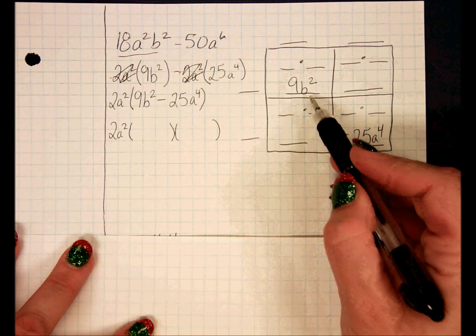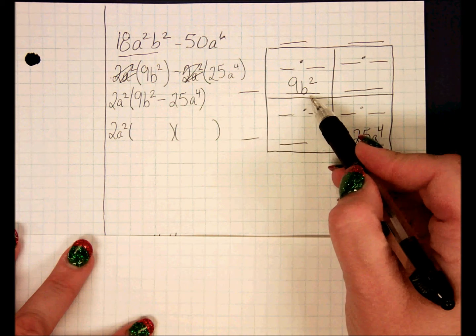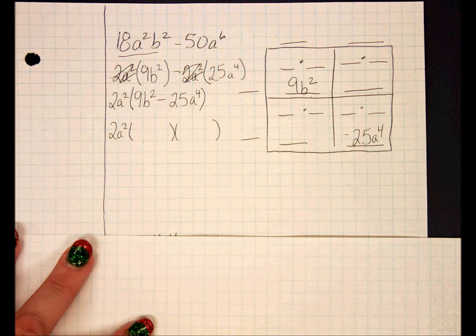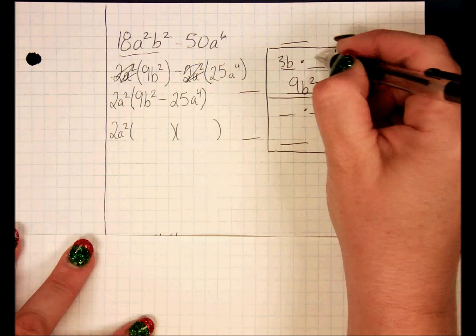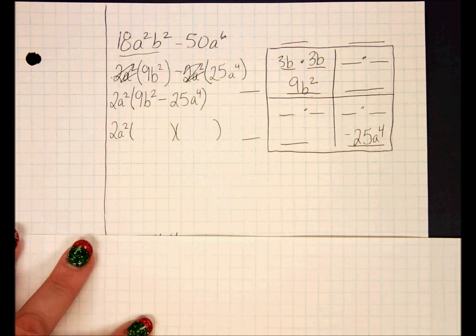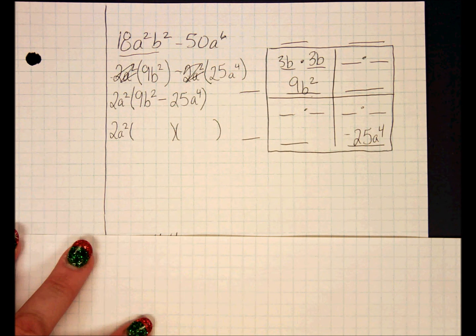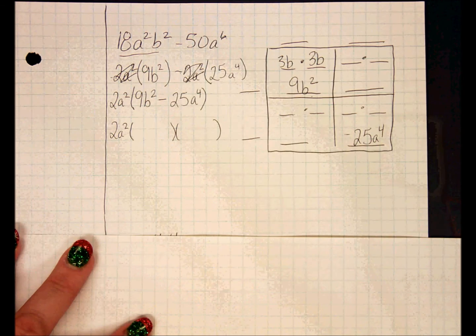I'm going to start here because I think this one's going to end up being the easiest part. Again, it could be 9 times 1 or 3 times 3. So let's start with 3b times 3b. If it doesn't work, then we have to come back to this point and start all over again. But we think right now that's a good place to start.